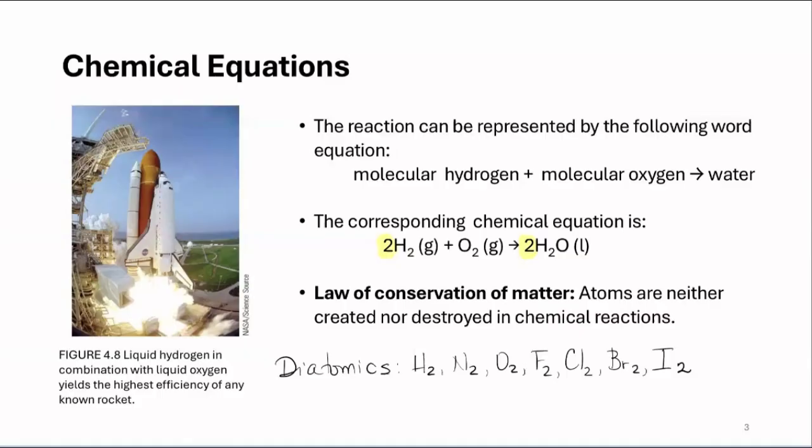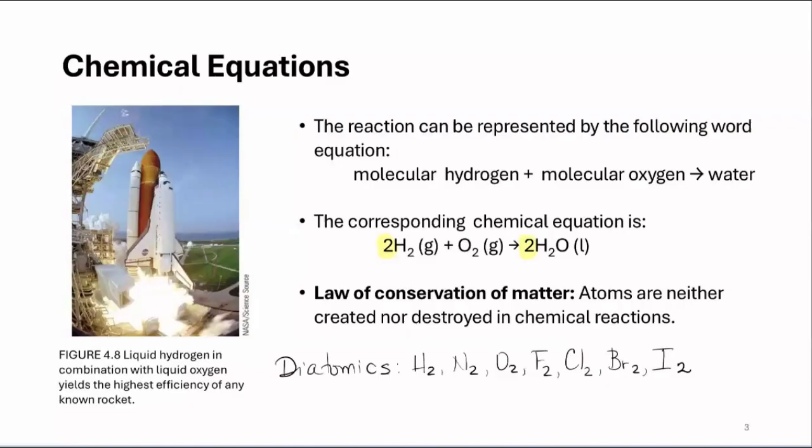Let me illustrate why this is. In the chemical reaction that we have here, where molecular hydrogen and molecular oxygen produce water, if I look specifically at the number of atoms that I have for hydrogen and oxygen in both the reactants and the products, if this equation is balanced, we should have the same number.